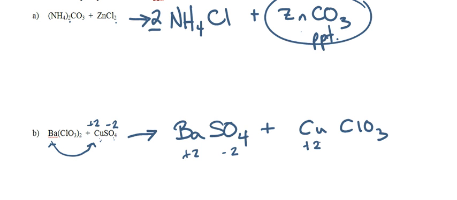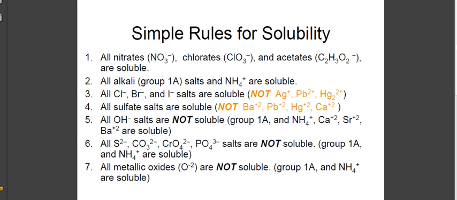Now, the charge is going to remain the same. Okay? In double replacement reactions, the charges don't change. In single replacement reactions, the charges do change. Okay? Double, no. Single, yes. Okay? All right, and then the chlorate, again, since it's one of your 10 polyatomics, has a -1 charge. And if you forget, then hopefully from writing this out, you'll be able to remember, oh yeah, chlorate's got a -1 charge.